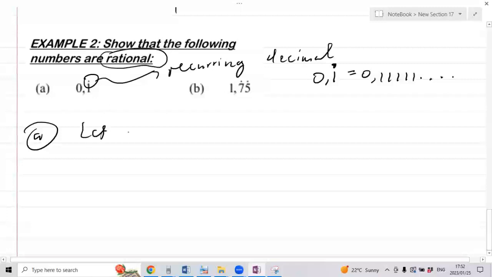So if I'm going to show that the following numbers are rational, I need to firstly expand. I need to let x equal 0.111, expanded like how I expanded it here. You can write as many as you like, because it's going to expand infinitely, and you can put dot, dot, dot. So it consists of all ones, and that's going to repeat itself.